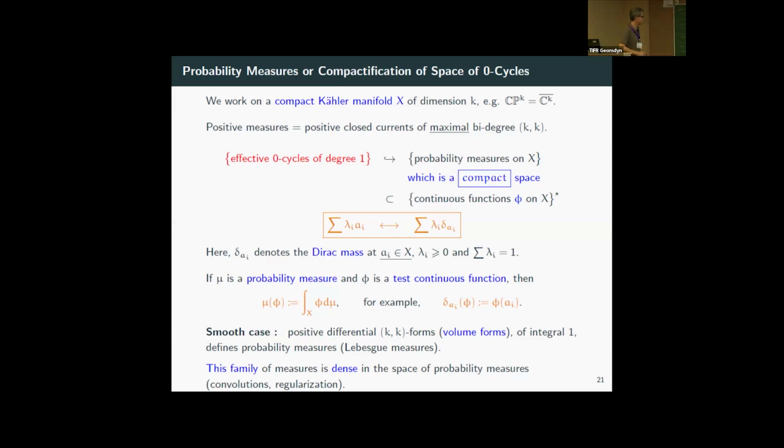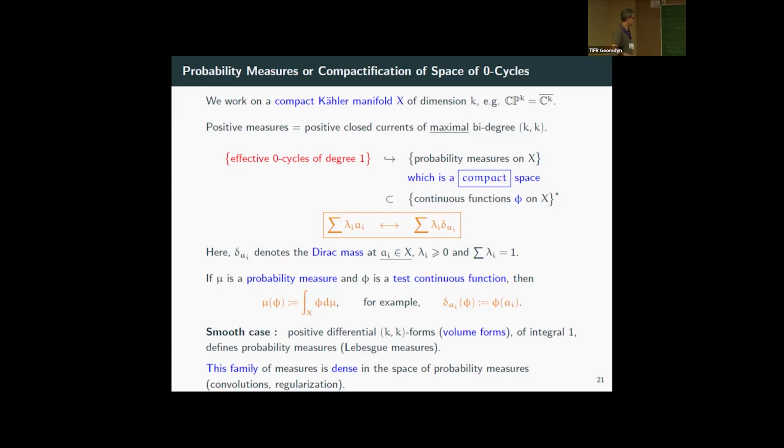So then to see this object, you can use the duality point of view, which means that you have to test function. So if you have a continuous function phi, so you have a test function phi, then you can consider the integral of this function with respect to your measure.